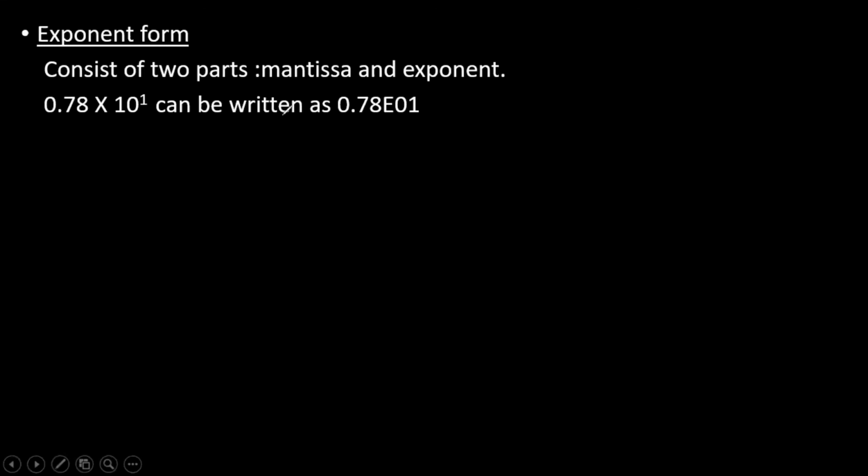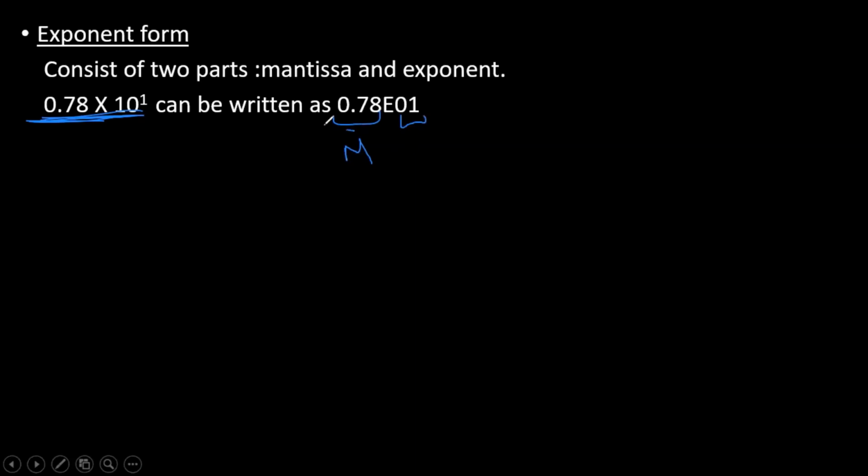Now, the next one is exponent form. In exponent form, we have two parts, mantissa and exponent. Okay, so we will discuss this using an example. Suppose you are given this decimal number. 0.78 into 10 to the power 1 can be written as 0.78 E01. Now the part before E is your mantissa and the part after E is your exponent, which means power.